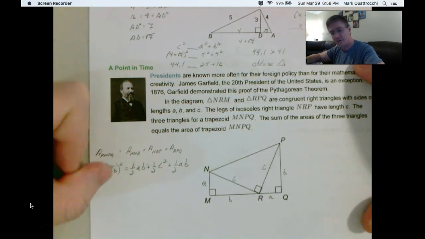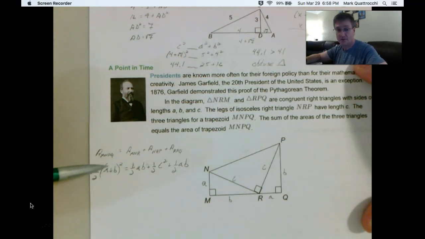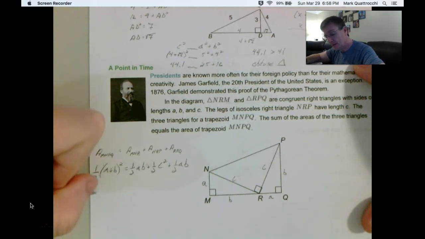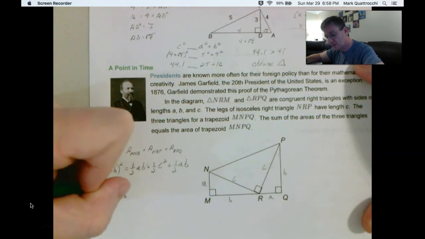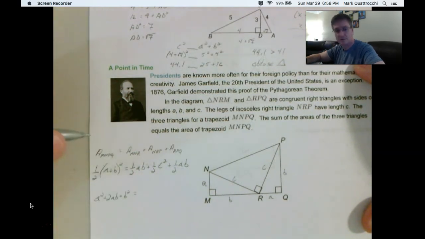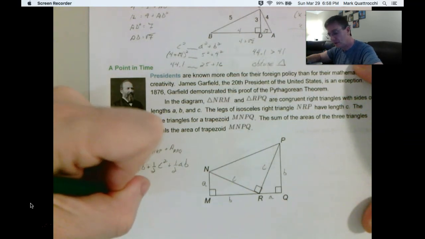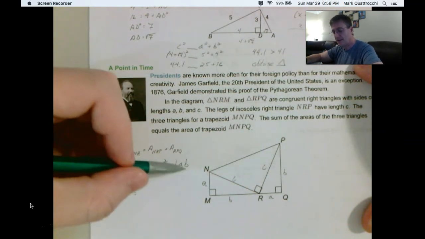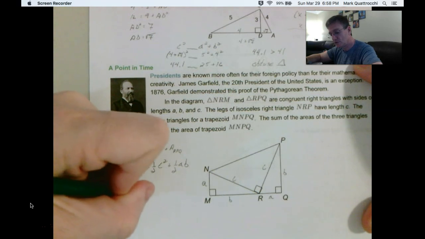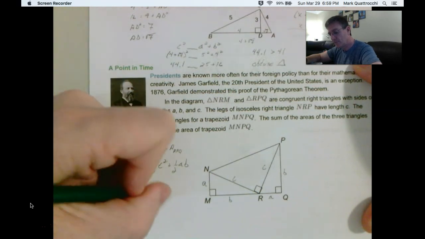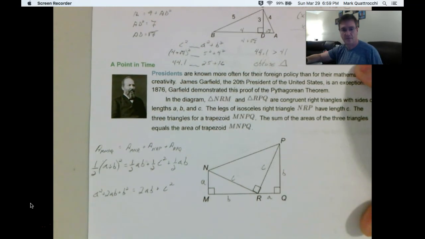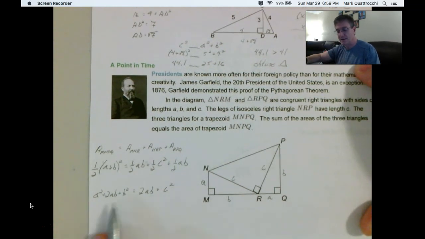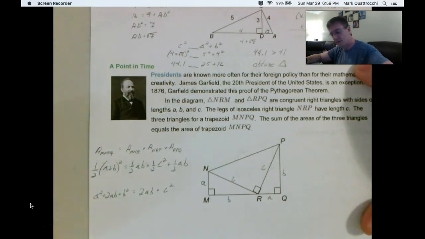A plus B squared. We've done that a few times today. This becomes a squared plus 2ab plus b squared equals ab plus ab is 2ab plus c squared. Subtract 2ab from both sides.